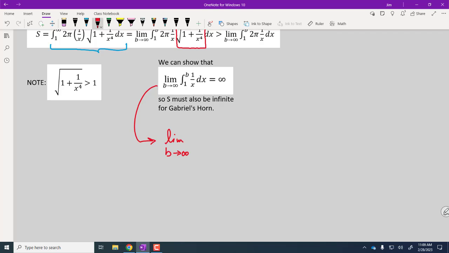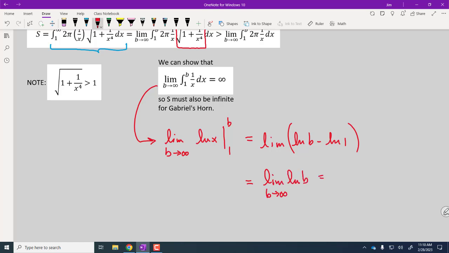Natural log of x, absolute value of x, but x is going from 1 to b, so it doesn't matter. It's positive. So then we have the limit of natural log of b minus natural log of 1. And natural log of 1 is 0. So we have the limit of natural log of b as b goes to infinity.